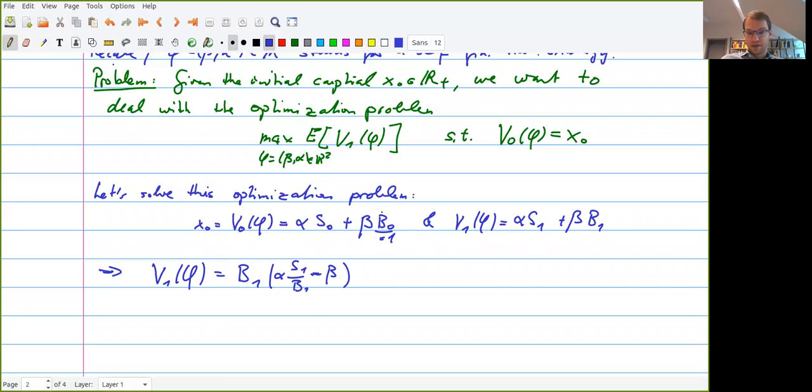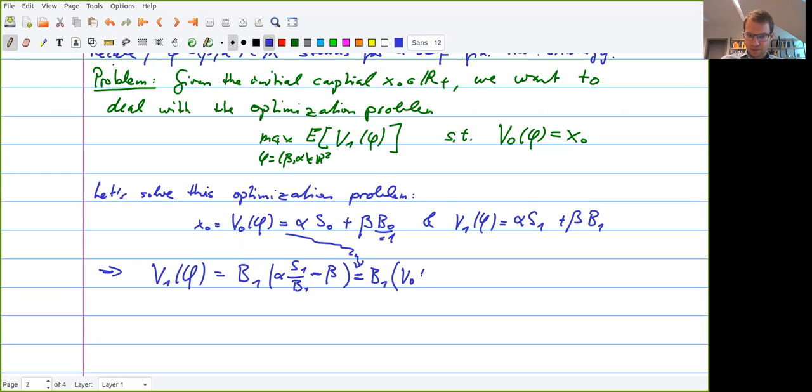And now I can rearrange the first equation to have beta, so I can plug this in. What do I get? I have 1 over beta for b at time 1.